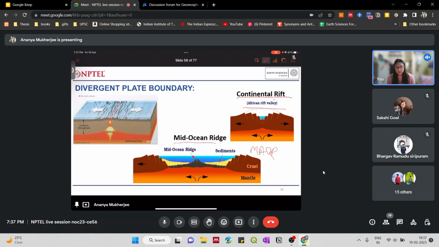You can see over here when the plates are moving away from each other, mantle material is rising on top, and because the plates keep moving, different kinds of mountains, small hills or ridges as we call them, are getting formed along the plate boundaries, along the margins.